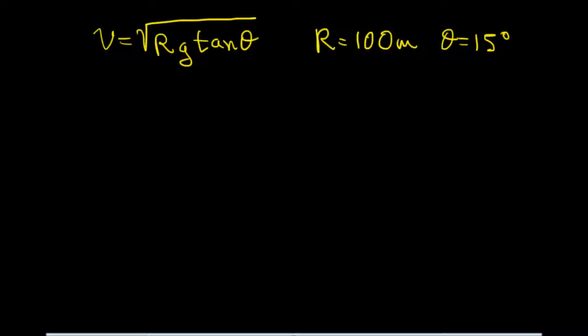So let's just do an example in which we pick the radius of the road to be 100 meters, and the tilt angle is 15 degrees. And so we ask, what is the maximum velocity that allows us to get around that curve? That gives us v is equal to the square root of 100 meters times 10 meters per second squared times the tangent of 15 degrees.